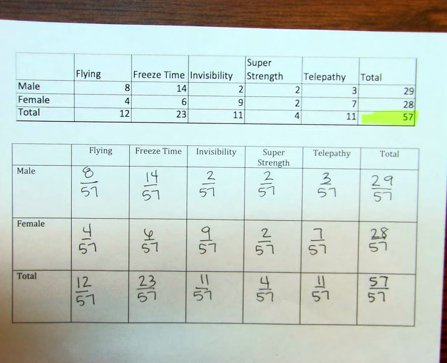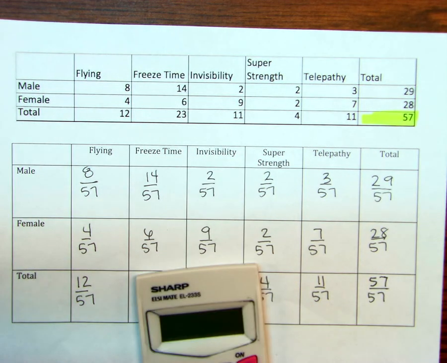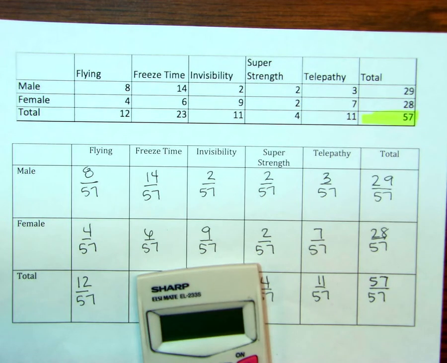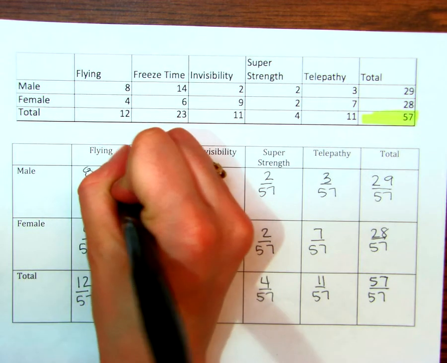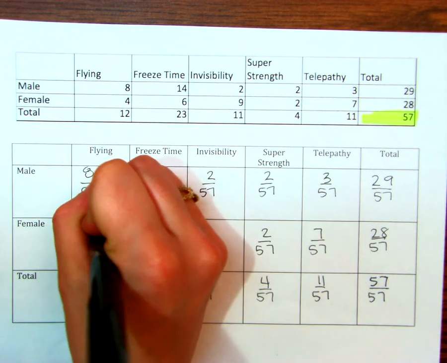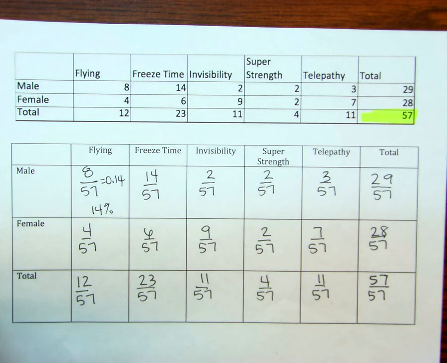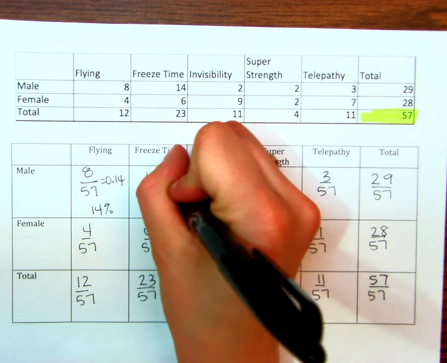So if we take a calculator and we actually solve for 8 divided by 57, then we get 0.14. This is the same thing as 14%. If we did 14 divided by 57, we would get 0.24.